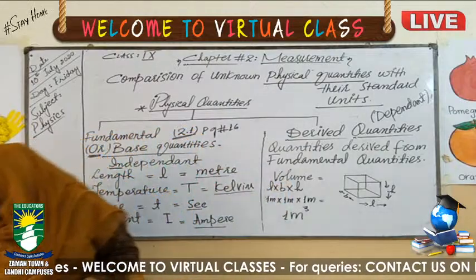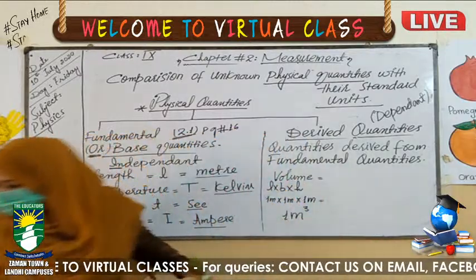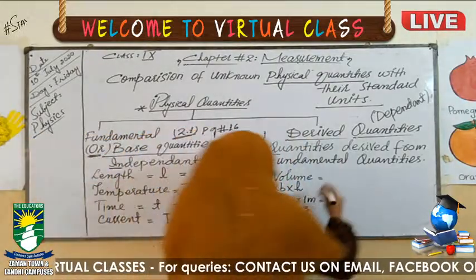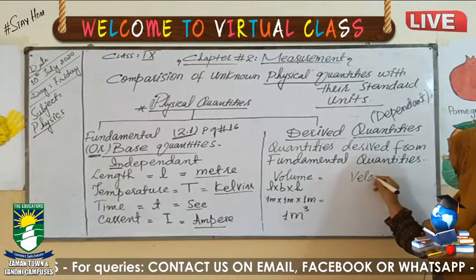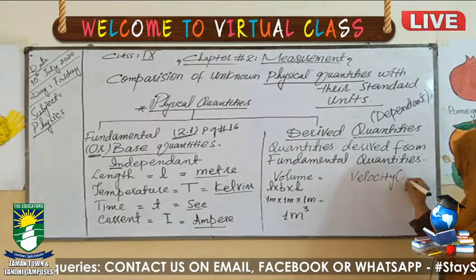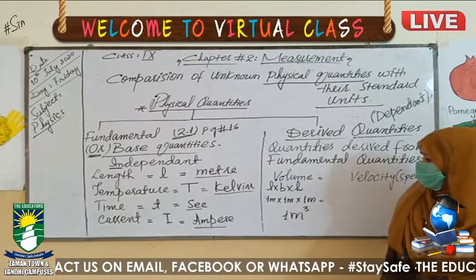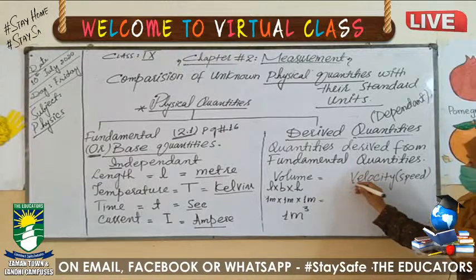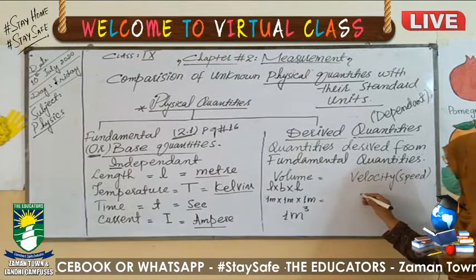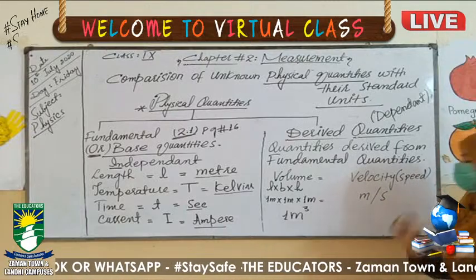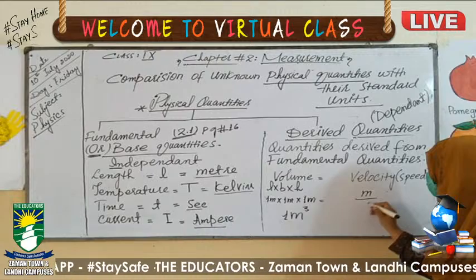Similarly, take another example. Another example of a derived quantity is velocity or speed. To measure velocity, the unit is meter per second. Meter per second means meter upon second.